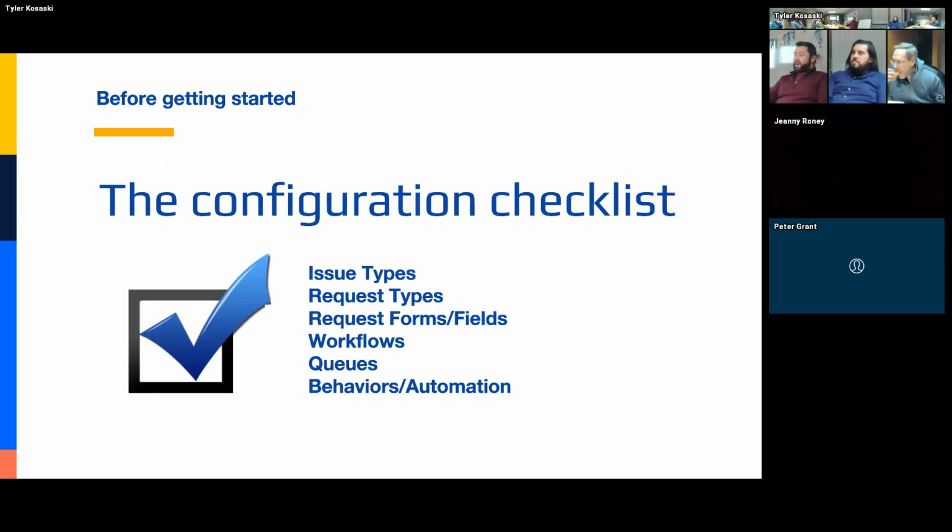So Sam, your point actually leads into something that we'll talk about a little bit later because I changed the order of my slides here. But these are the configuration checklist items that I personally use when I'm coming into setting up a new Jira Service Management project.